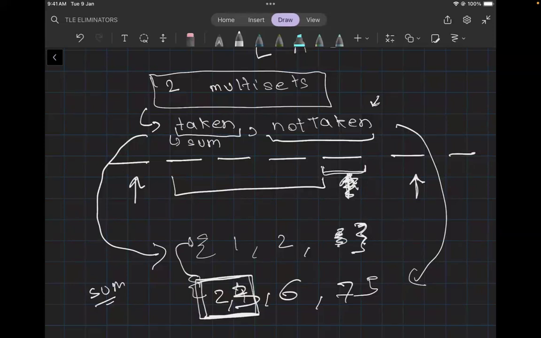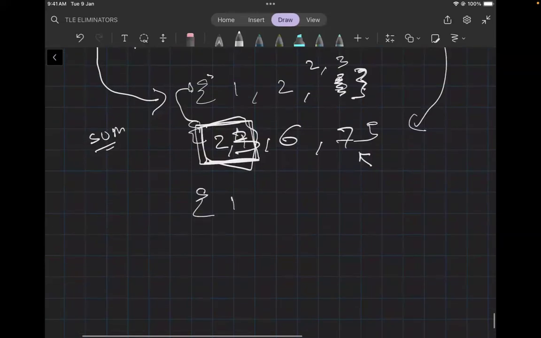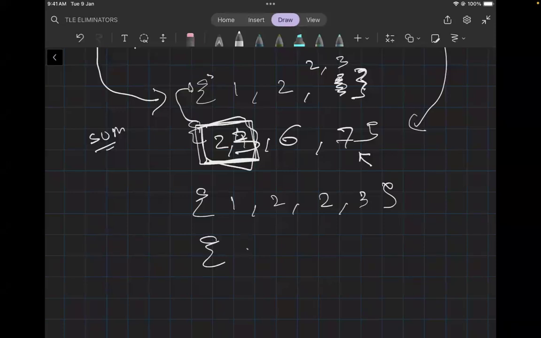Like I remove this 5 from here, put this 5 inside this set, and then I take these two elements 2 and 3 and put them in this multiset. So my taken becomes 1, 2, 2, and 3, and my not taken becomes 5, 6, and 7. So this is a greedy kind of strategy that we are going to use.